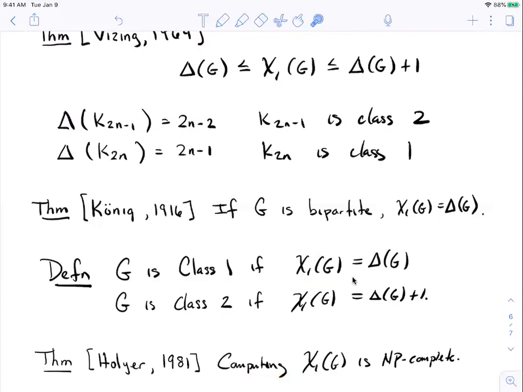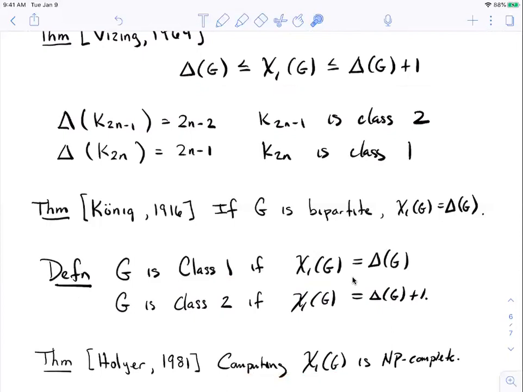So it's hard to compute the edge chromatic number of an arbitrary graph, even though Vizing tells us it's basically one of two numbers, the max vertex degree or one more, but still algorithmically, it's hard to compute it.